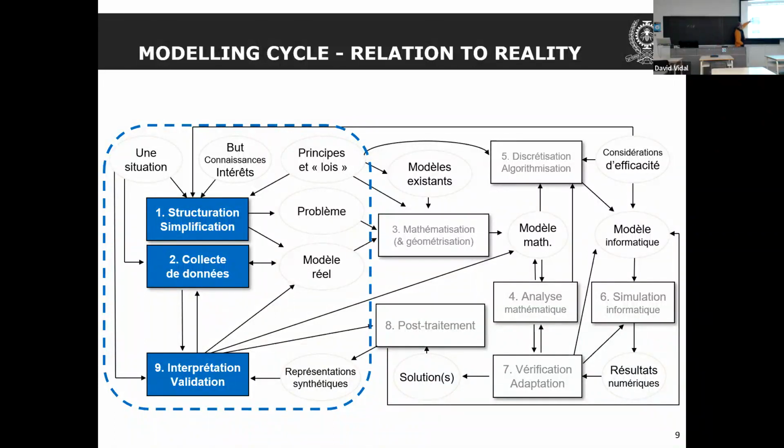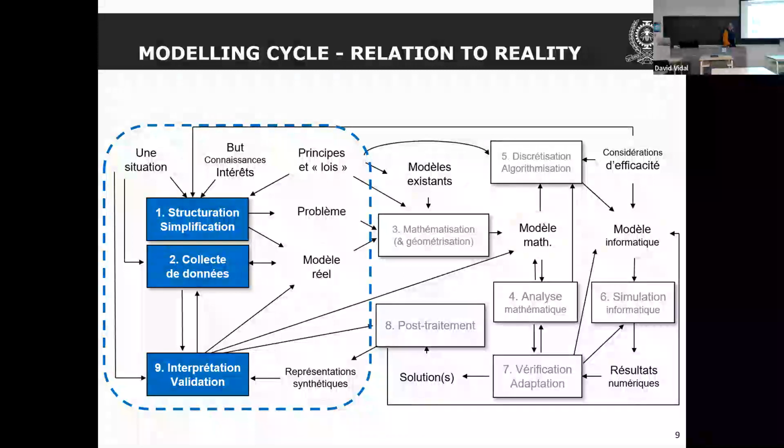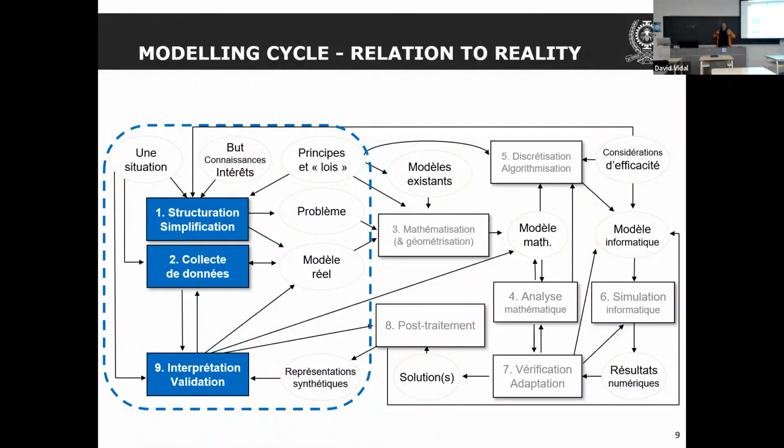After having structured your problem and simplified it, you might be using principles or laws to connect to the problem, and then the mathematization of this problem. There might be existing models that you can use.